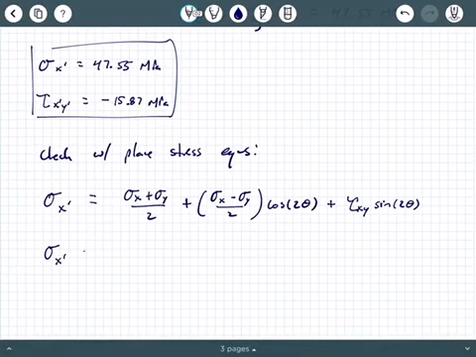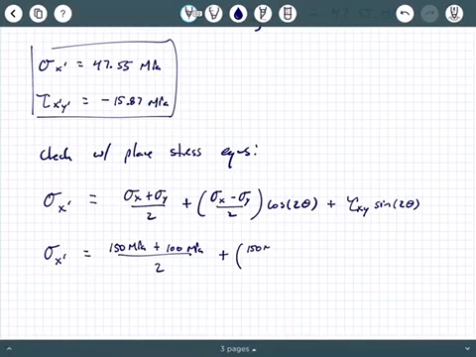So sigma x prime is sigma x plus sigma y over 2 plus sigma x minus sigma y over 2 times the cosine of 2 theta plus tau xy sine of 2 theta.